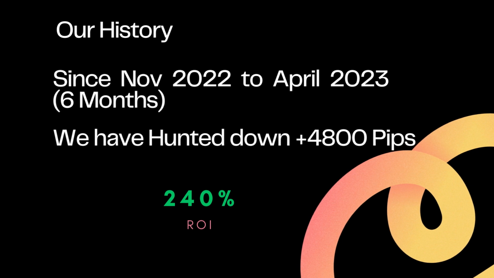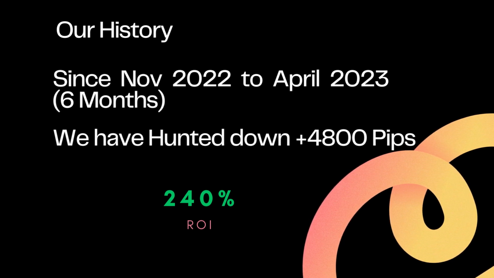So let's see if this Pip Hunting method is worth it. Are our signals worth following? Since November 2022 till April 2023, when the video is made, we have hunted down more than 4,800 pips, which, if you are risking 5% lot size, means we will be at a 240% return on investment.